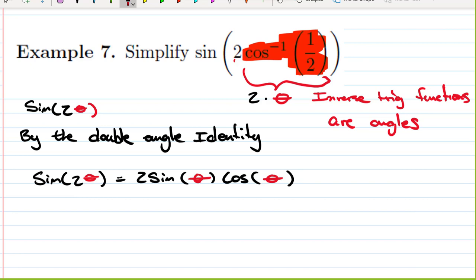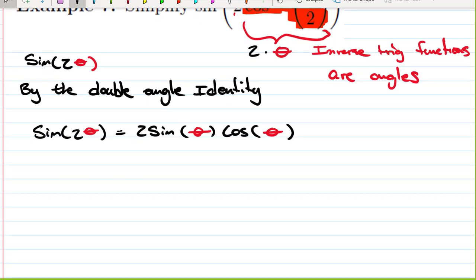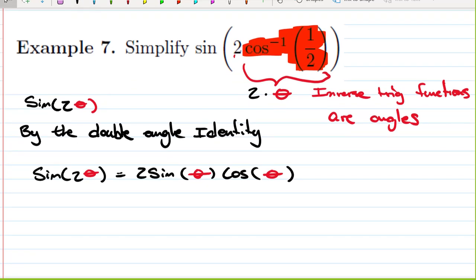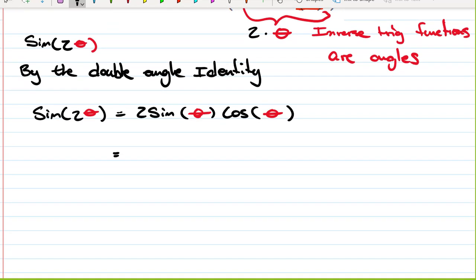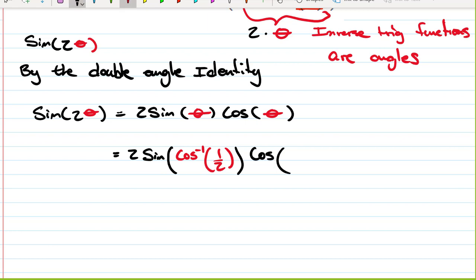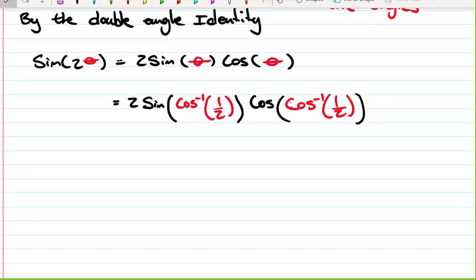Well, in our case, our theta is the inverse cosine of 1/2. So that's 2 times the sine of the inverse cosine of 1/2 times the cosine of the inverse cosine of 1/2. And now this is just like the problems we were doing before.